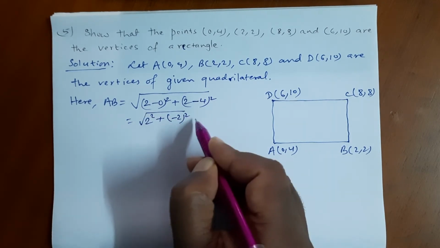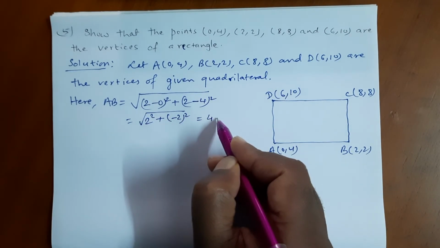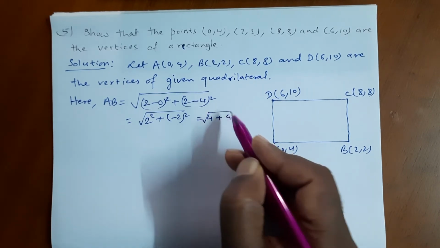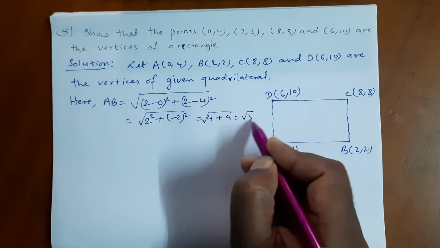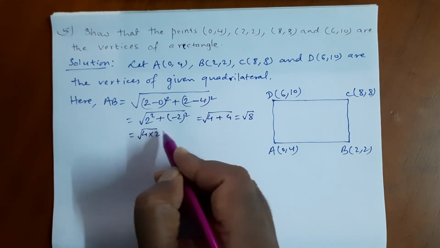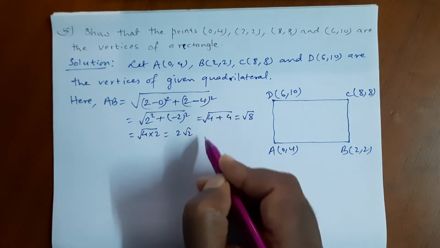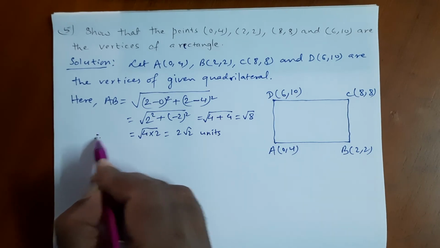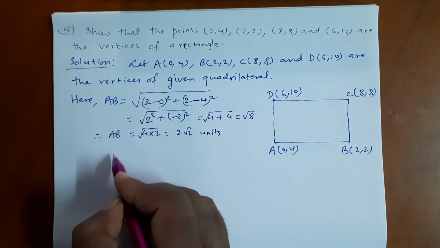So 2 squared is 4, plus minus 2 times minus 2, that will also be 4. So that will be root over 8. Root 8 you can write as 4 times 2, that will be 2 root 2 units. And therefore AB equals 2 root 2 units.